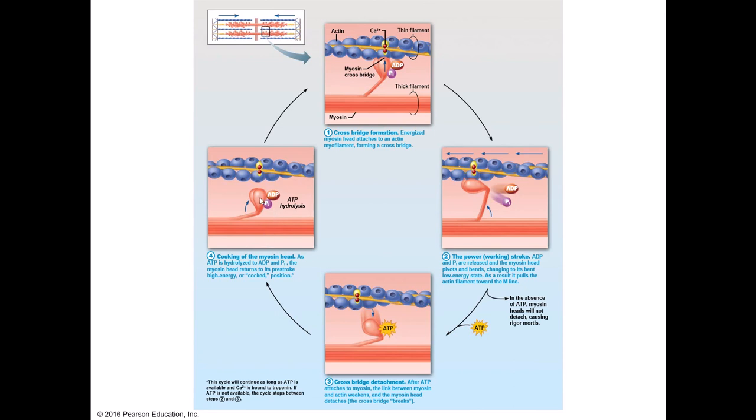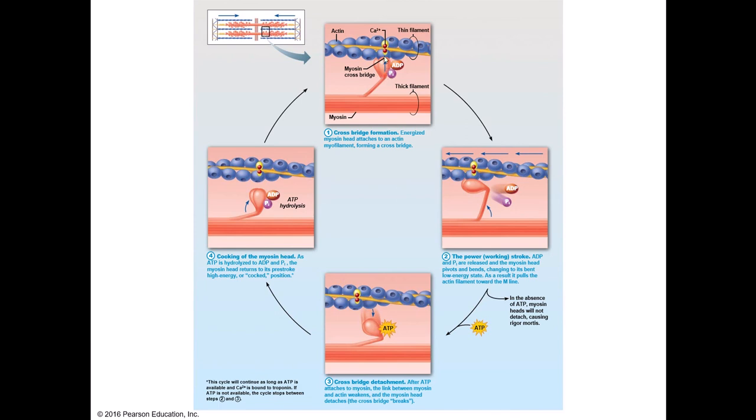It's essentially energizing the head of the myosin. We need to hydrolyze and split an ATP molecule to put myosin in the perfect active, energized formation. Once the myosin has been activated, then a crossbridge can occur.